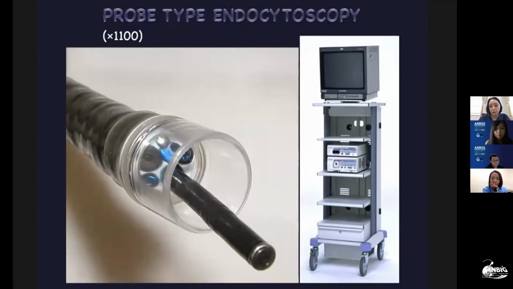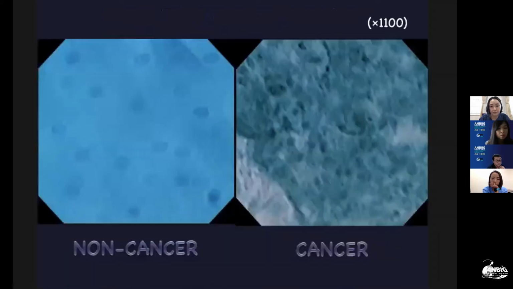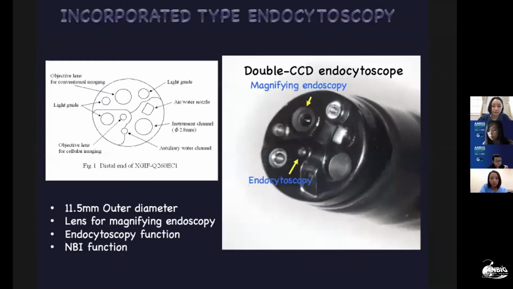We insert a probe that has a high magnification lens on its tip through the working channel, and then directly contact the tip of the probe to obtain ultra-high magnification images. This probe-type endocytoscopy can magnify about 1,100 folds. Still, it requires two sets of the whole system, including monitor and processor, which is a little cumbersome.